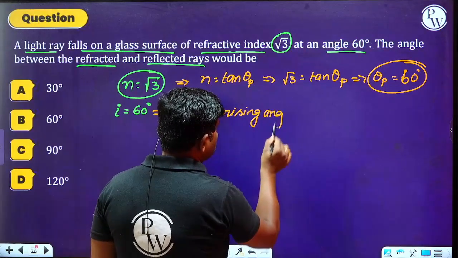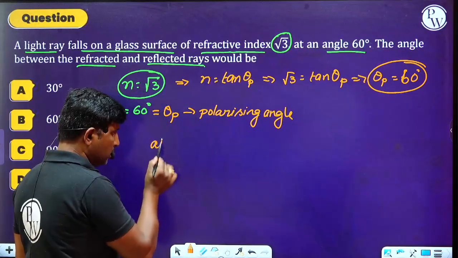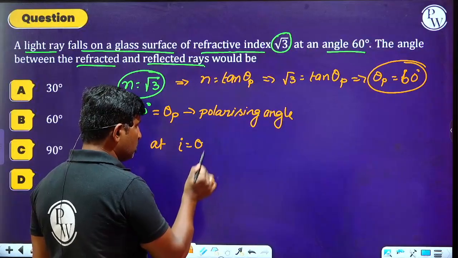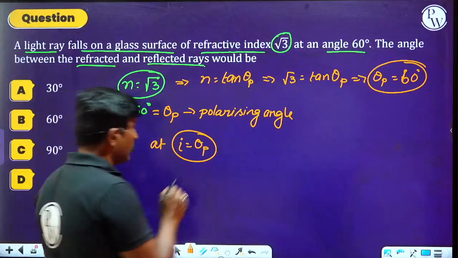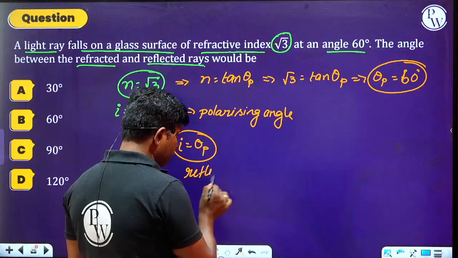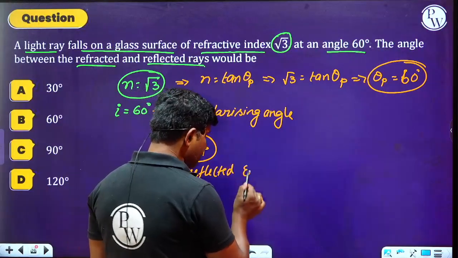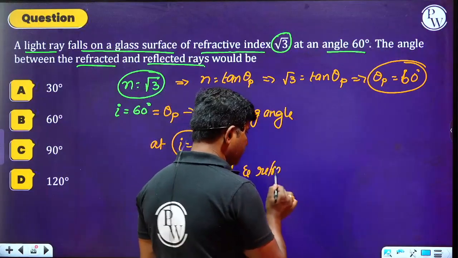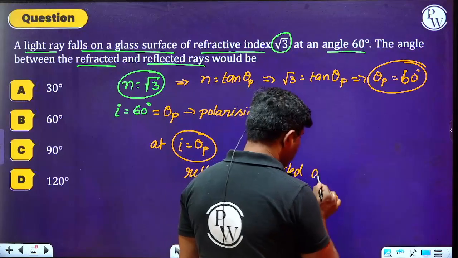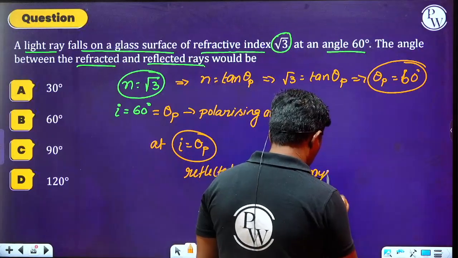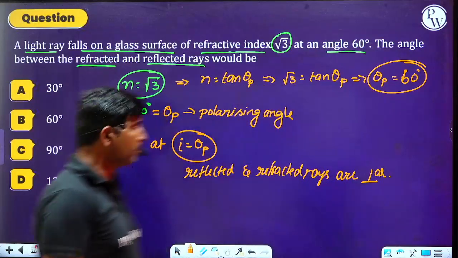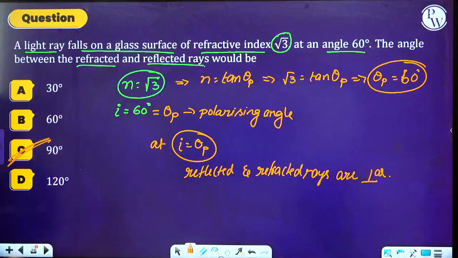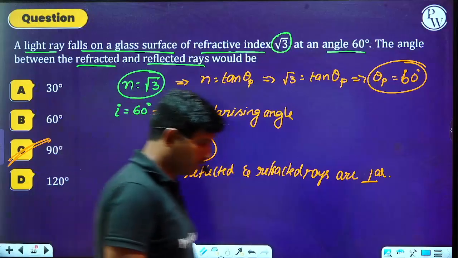Okay. At polarizing angle, that is at angle of incidence equal to polarizing angle, we can say directly the reflected and refracted rays are perpendicular. Therefore, we can say option C is the right answer.